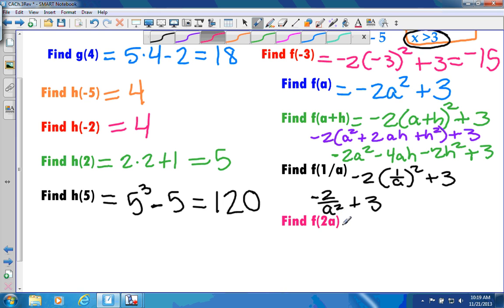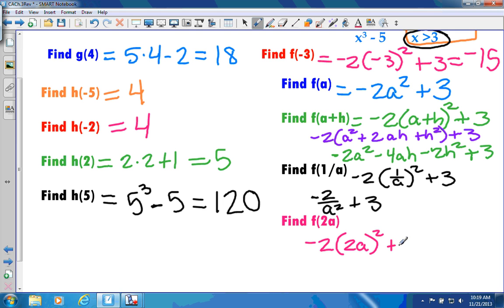And for f of 2a, 2 squared is 4 times negative 2 is negative 8 a squared plus 3.